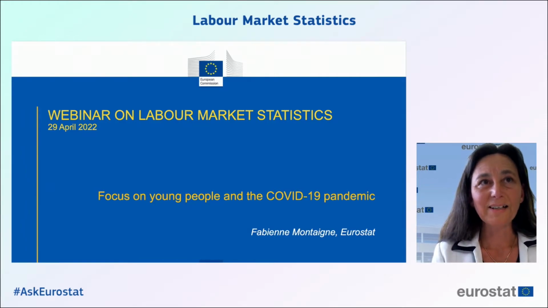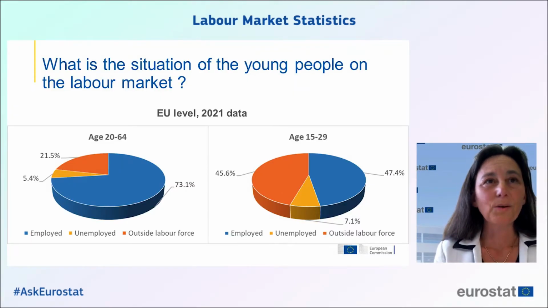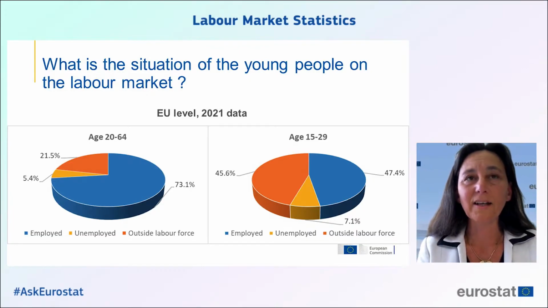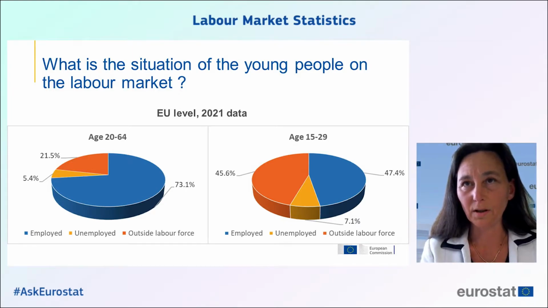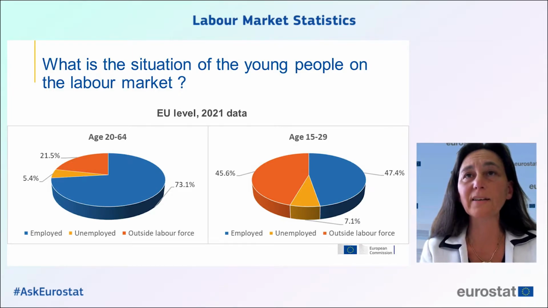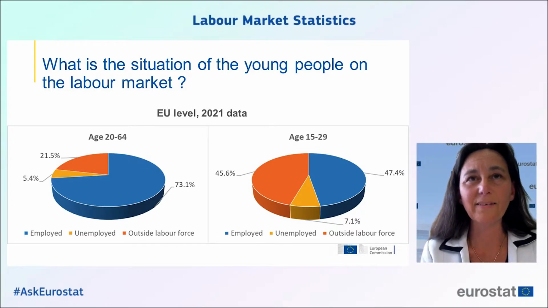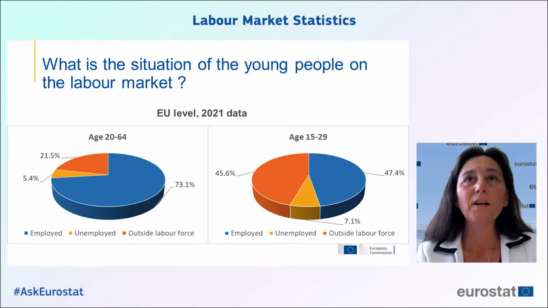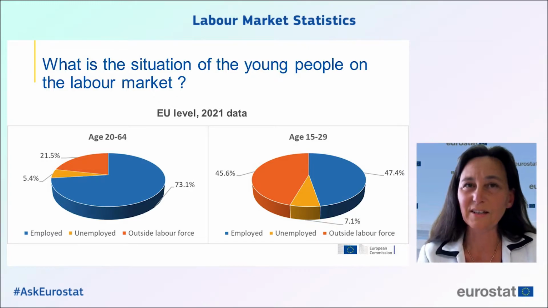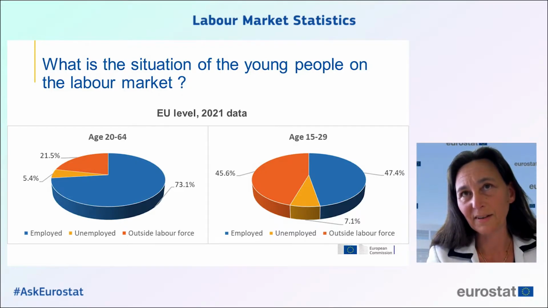So next slide, please. So I start here with a general comparison of the situation of the young people as regards the labor market in comparison with the total population. As it was also the case in the presentation of Anna, the general population is defined as the age group 20-64 because it's the reference age group for the European Union in terms of employment target.